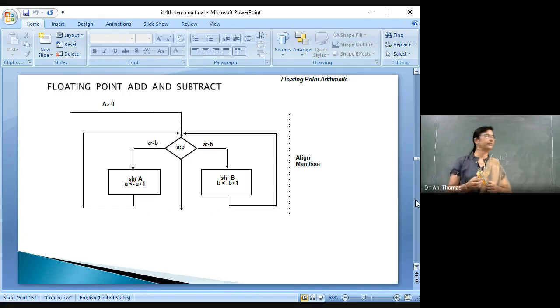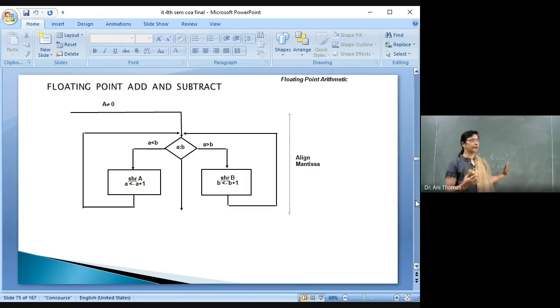What do we check here? We check for the similarity of the exponents which are mentioned in small a and small b. We check for comparison of small a and small b. And now we have formed a common opinion that it can be A is greater than B or A is less than B. If A is equal to B, then we do not consider it, because we can directly add or subtract the matrices.